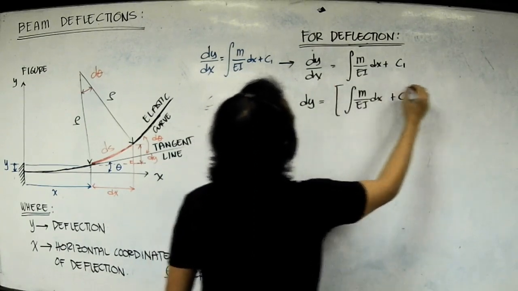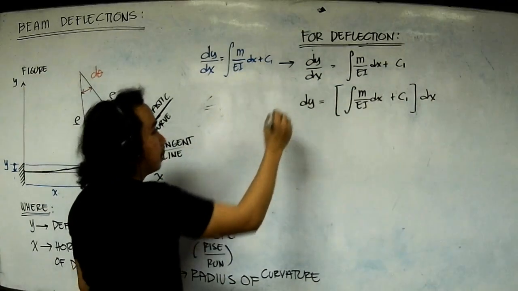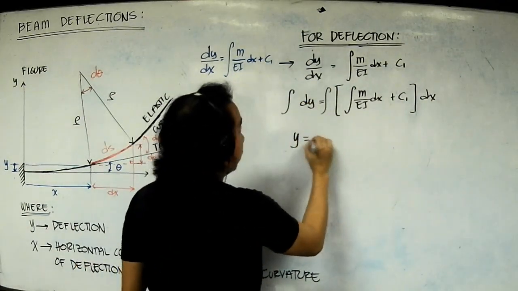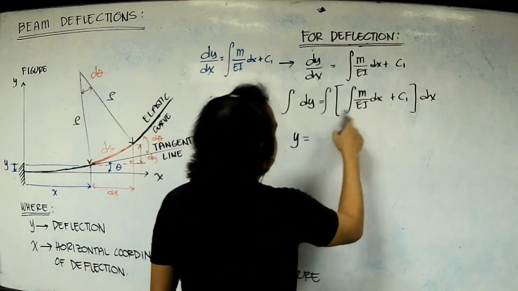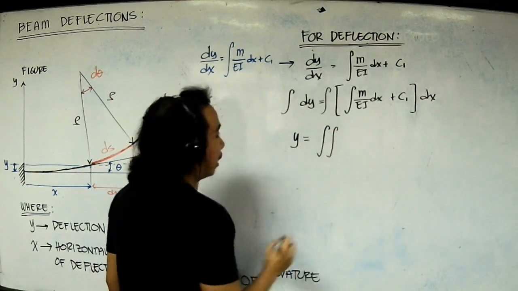I multiply this by the differentials, so I add another integral. We have an integral plus integral, so we have a double integral.